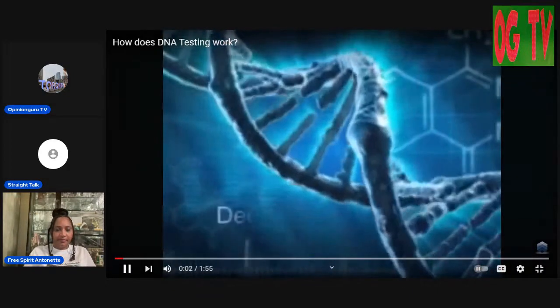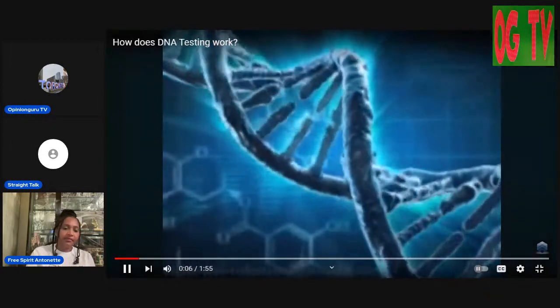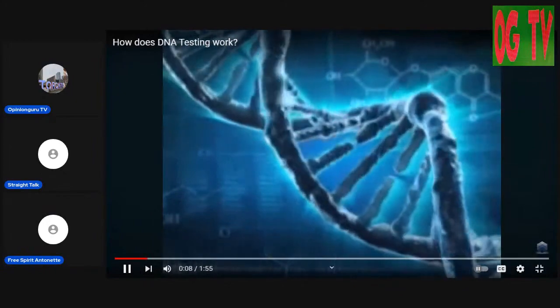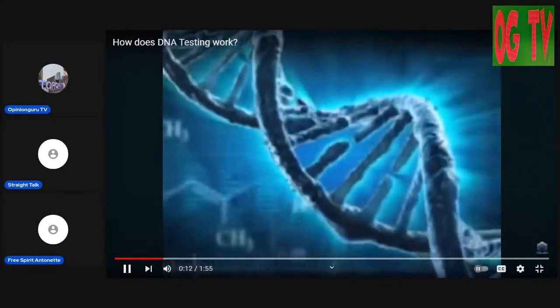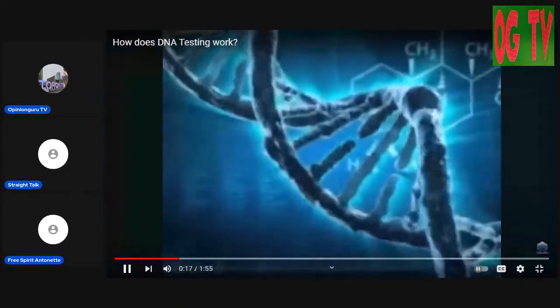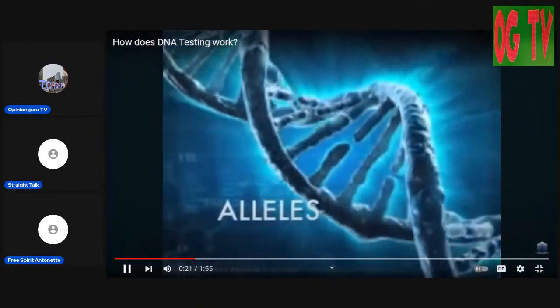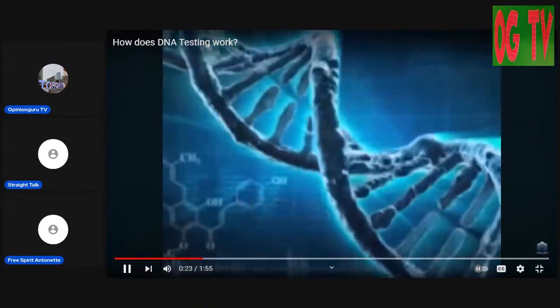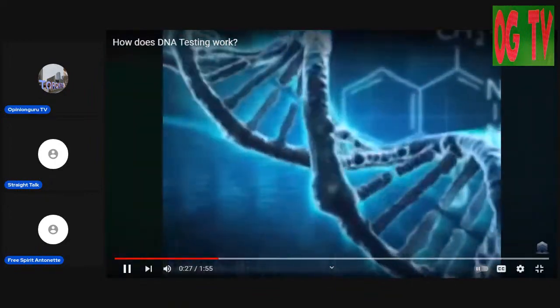DNA stands for deoxyribonucleic acid. It is the genetic material found inside a cell. A person's DNA is unique to them, just like a fingerprint. The only people in the world who share identical DNA are identical twins. Small portions of the DNA are called alleles. When a scientist looks at a piece of DNA, they can analyze the alleles they find.